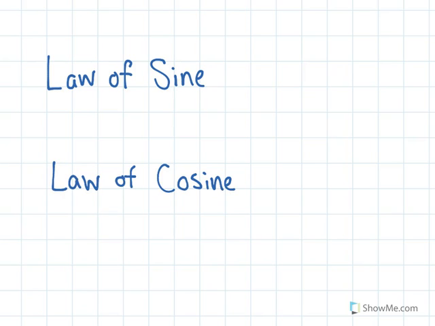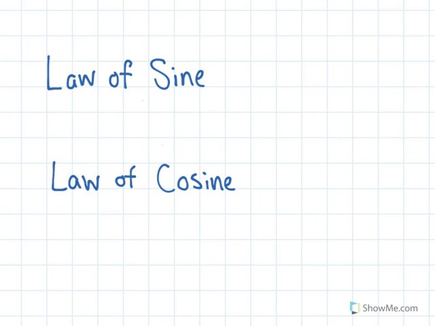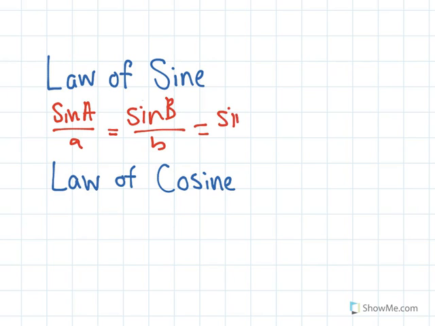Our law of sines states that a over sine A equals b over sine B, which equals c over sine C. Alternatively, this can also be written the other way around: sine A over a equals sine B over b, which equals sine C over c.